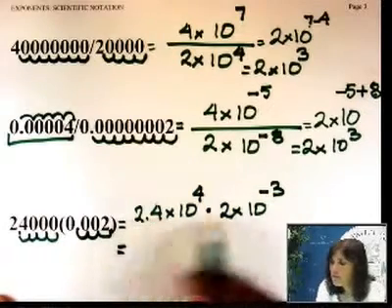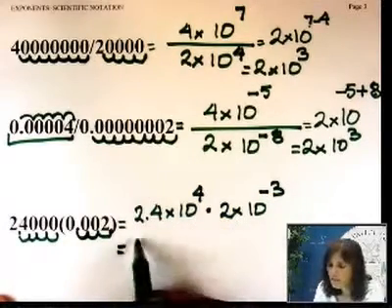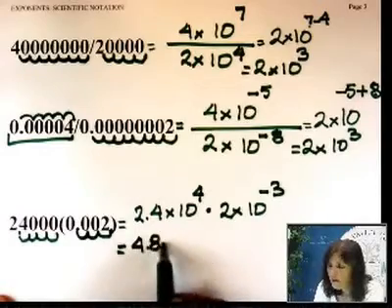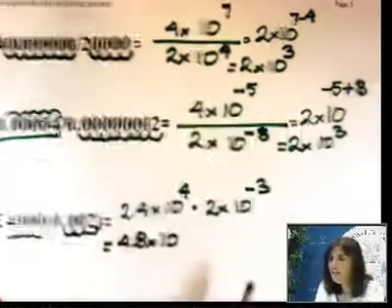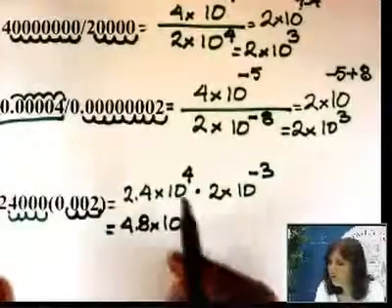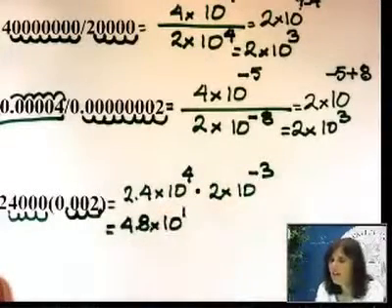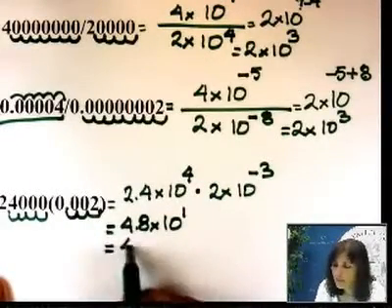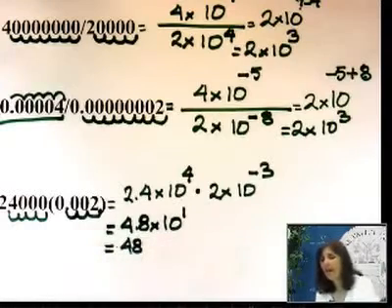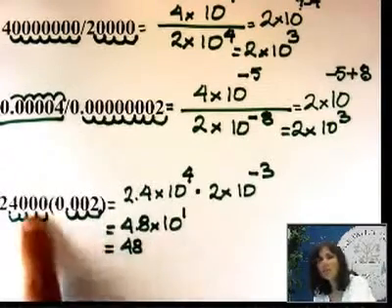Now let's multiply these two. 2.4 times 2, that's 4.8. Remember how I do the exponents? 10 to the 4 minus 3, that's 1. This actually turned out to be 48 if you go back. And this is way easier than dealing with that.